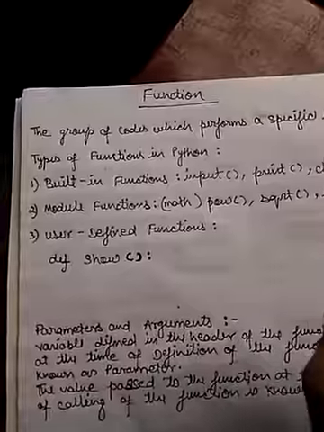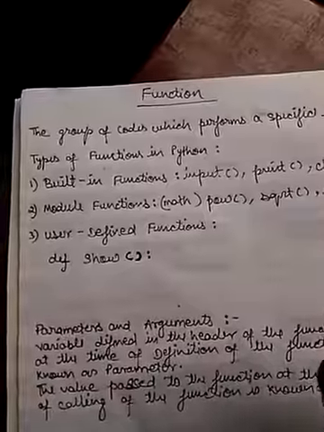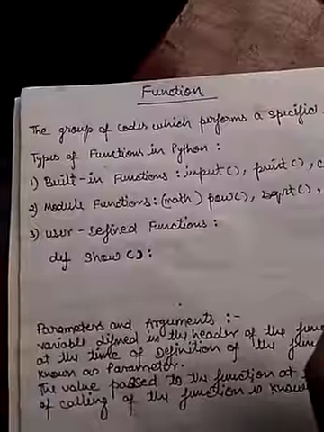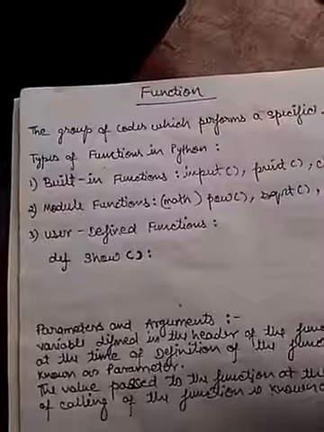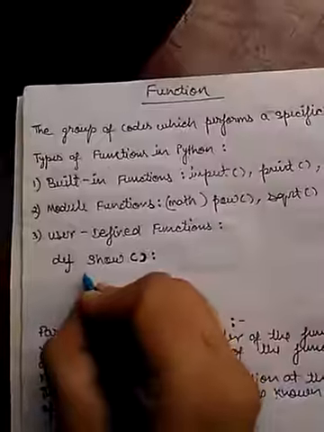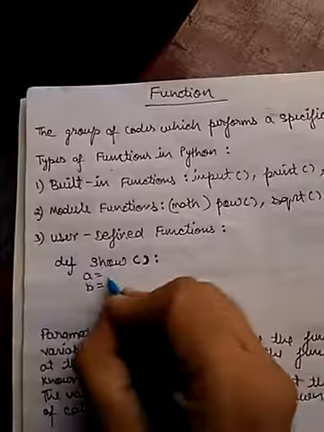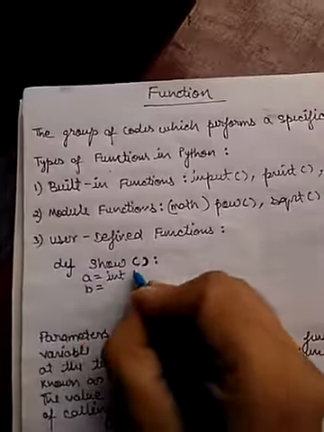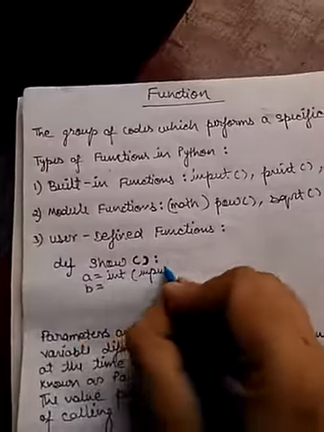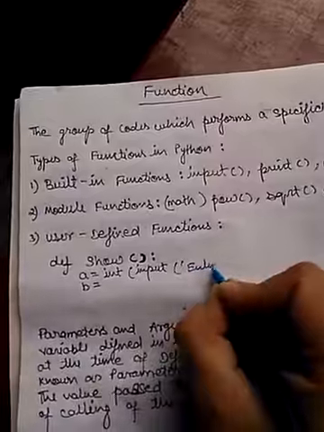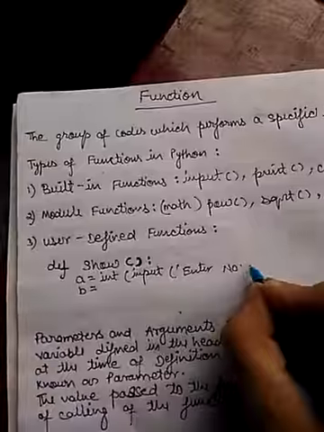Now, whatever task is required to be done, that should be the definition of the function. If the definition is asking to add two numbers, I am writing here a, b. I am taking two numbers over here: a = int(input("enter number 1")).